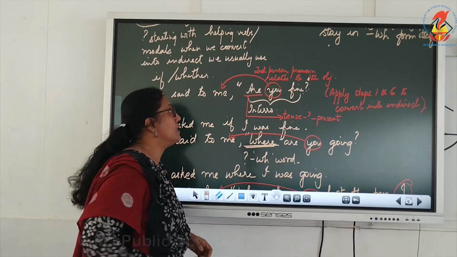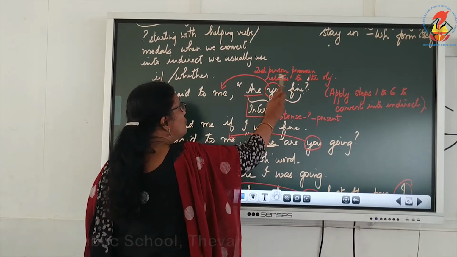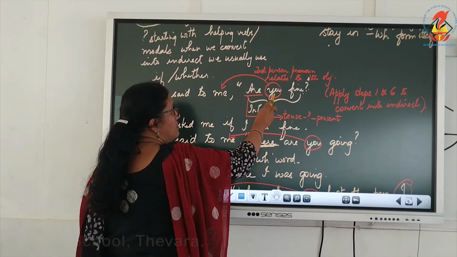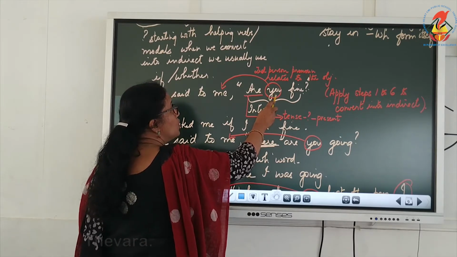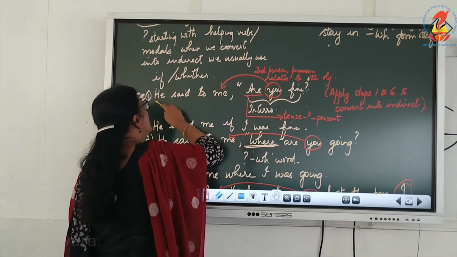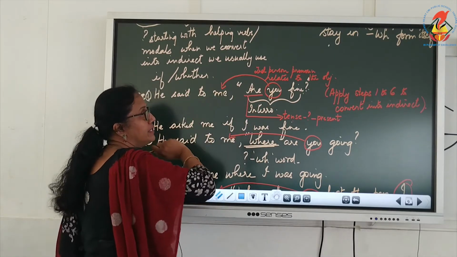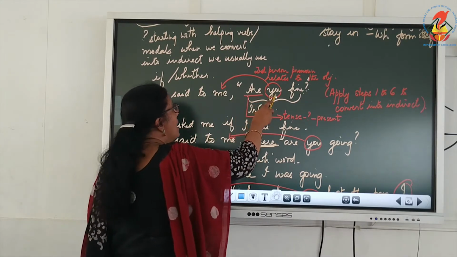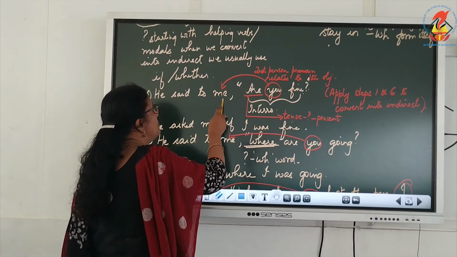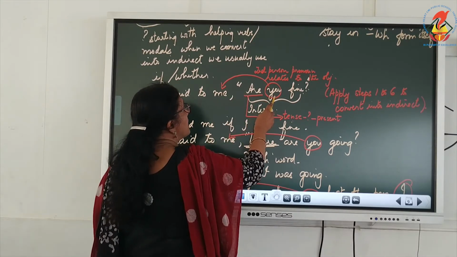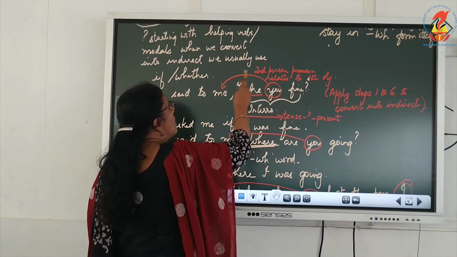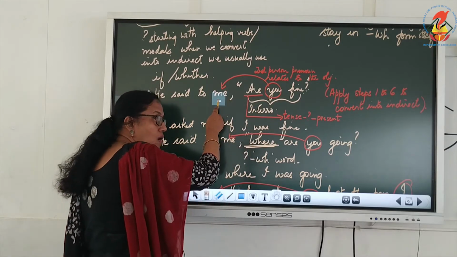You have to replace the pronoun. Are you fine? You is your pronoun. Now, who is this you relating to? Is it relating to the person who asked, or is it relating to us? Here, he said to me, are you fine? Usually the second person pronoun will always relate to the object.